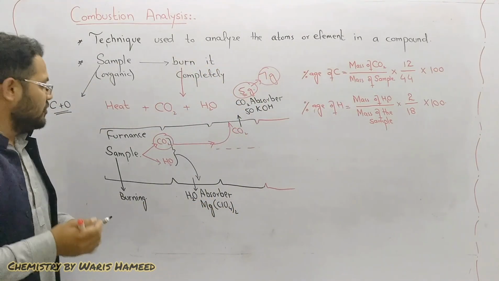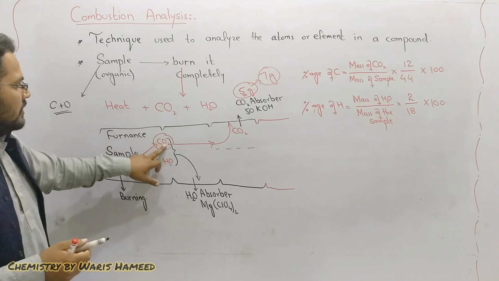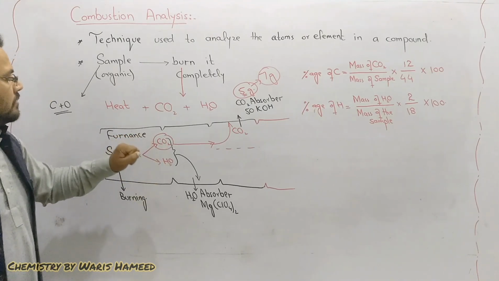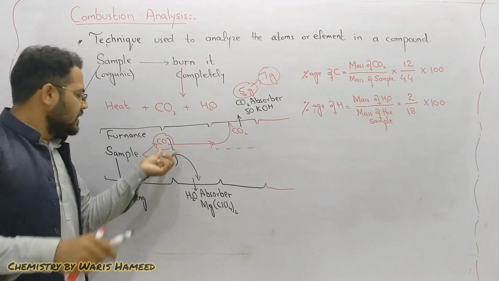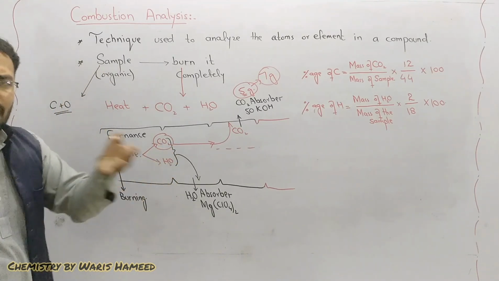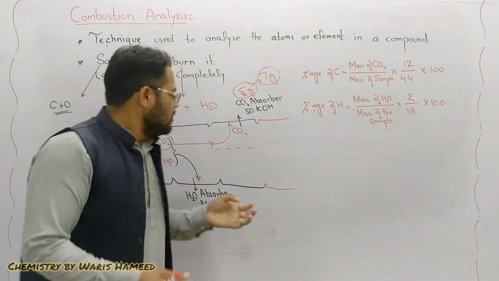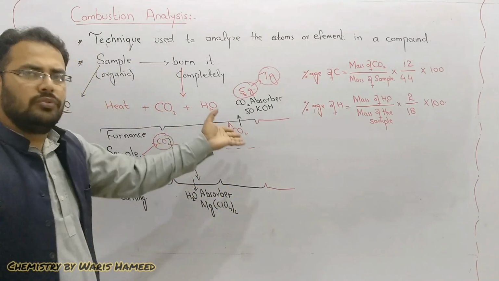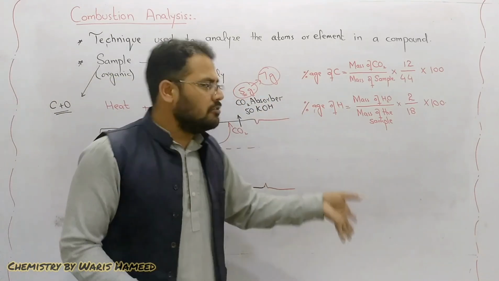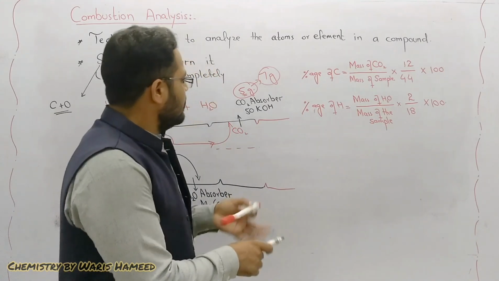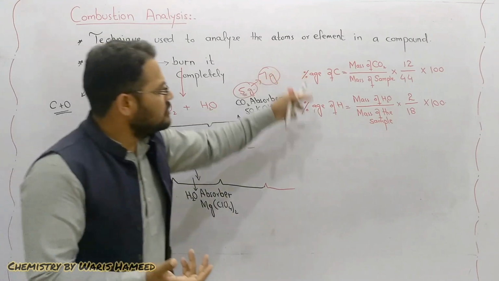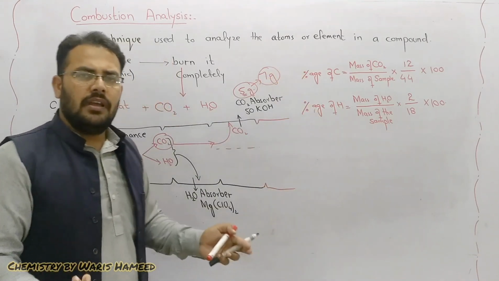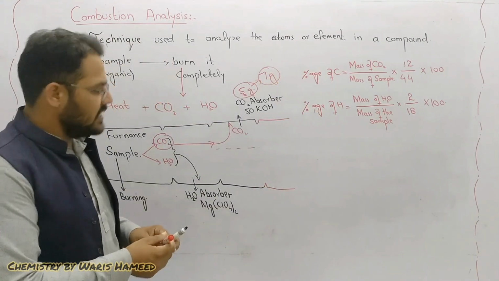Now there is confusion for the oxygen atom, because in carbon dioxide there is also oxygen and in water there is also oxygen. What we use for the percentage calculation of oxygen is simply to subtract these two percentages from 100.